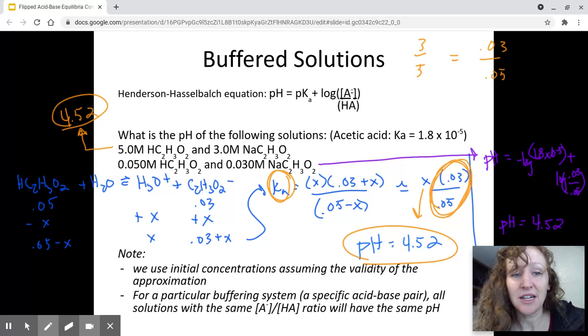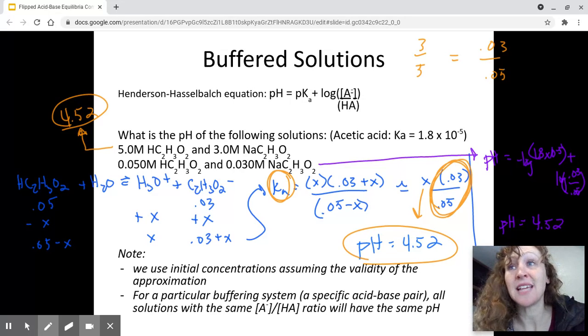Now, we're going to see here in just a couple slides that this ratio also determines buffer capacity. So does it matter if you create a buffer with 5 molar and 3 molar concentrations versus 0.05 and 0.03 molar concentrations? That's the question, right? Does it matter?